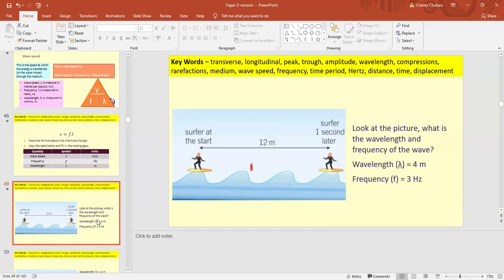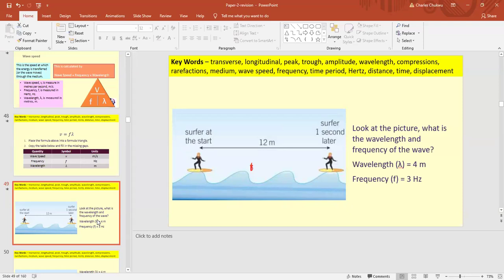Okay, so did you notice how many waves it looks like we have in this picture? Did you notice that there are about 4 of them?